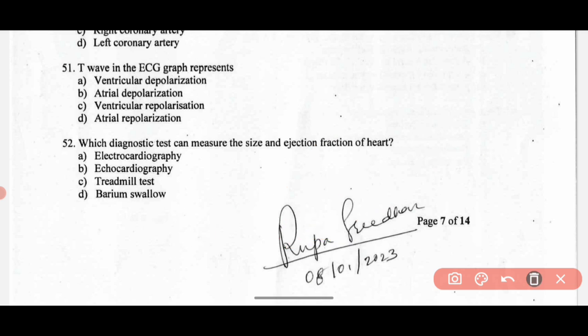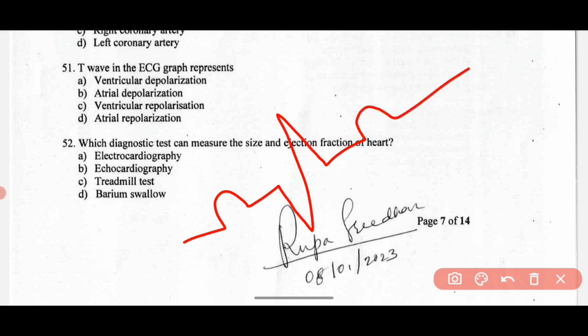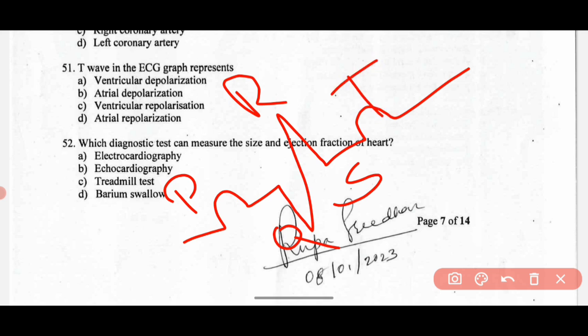Okay, fine. So now we can go to the ECG rhythm. This is P, this is Q R S, and this is T. This is the ECG rhythm. The P wave is responsible for atrial contraction. QRS is responsible for ventricular contraction.